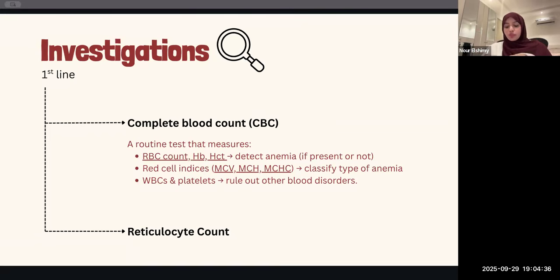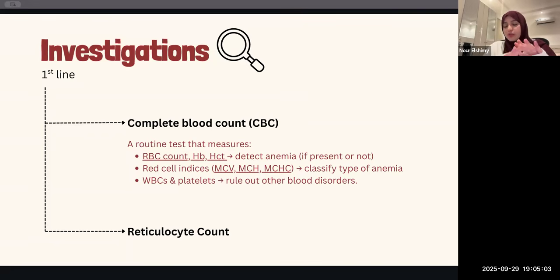Now, in order for us to know if someone has anemia or not, we're going to have to look at three different measures: the red blood cell count, hemoglobin, and hematocrit. Those three tell us if someone has anemia or not, but they do not tell us which type of anemia they have. So in order to be able to classify the type of anemia, we're going to have to look at MCV, MCH, and MCHC.